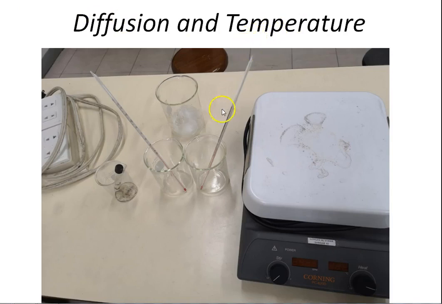So for this setup, we have our hot plate for heating up water. And then we also have here ice cubes, so that we will have cold water. And then we have two thermometers which will register the temperature of our water in each respective beaker.